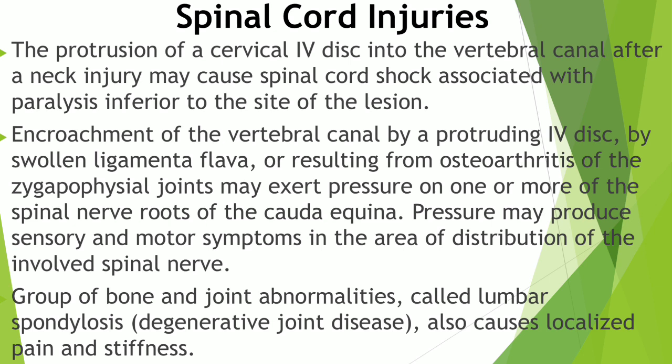So you could have localized pain and stiffness. There is stiffness because the muscles that are supplied by that affected spinal nerve will suffer. So you're going to have stiffness.